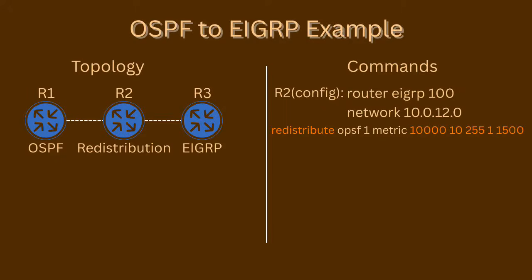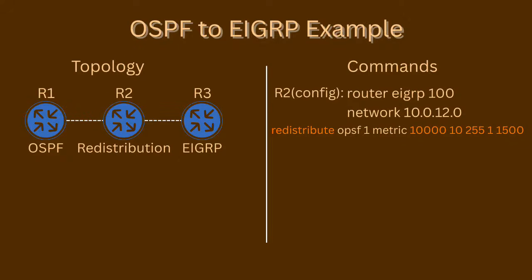Now let's look at a quick example of how route redistribution actually works. On this router, I'm redistributing OSPF into EIGRP using this command. Redistribute OSPF 1 metric 10,000 10 255 1 1500.